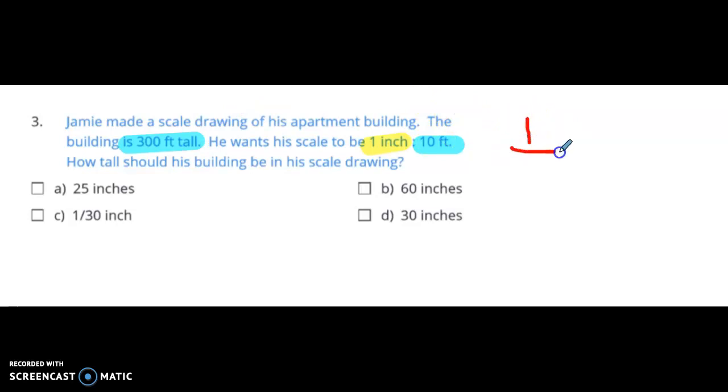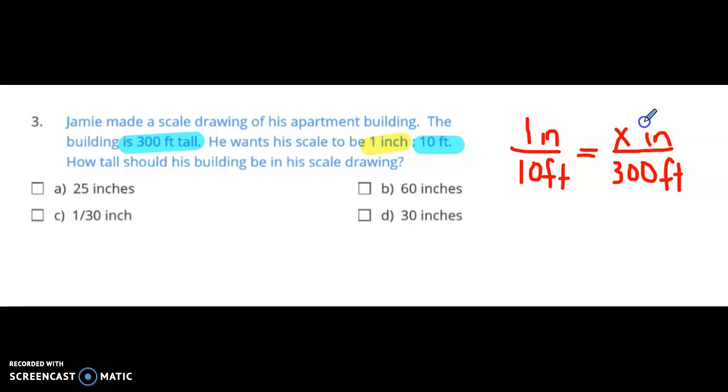So we have 1 inch for every 10 feet. We want to know if it's 300 feet tall, so keep my labels consistent. How many inches?